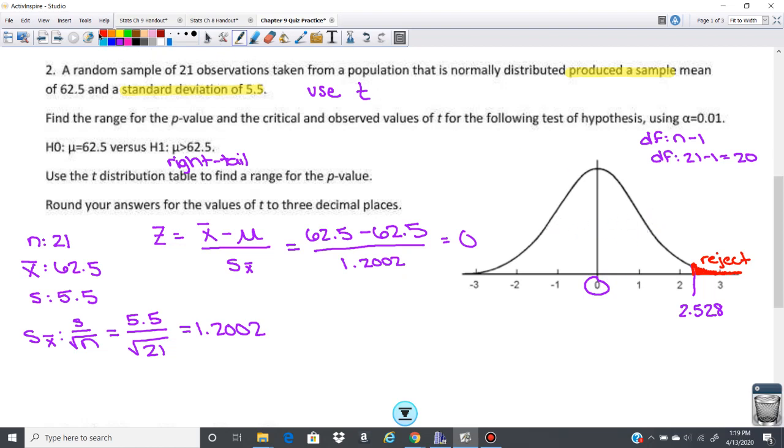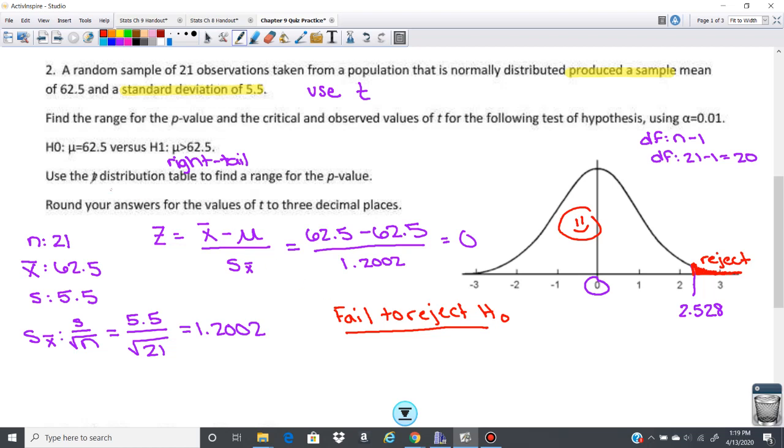So when it's in the non-rejection region, that means we can accept the null hypothesis. But we don't say accept the null, we say this. We say fail to reject. So we're going to fail to reject our null hypothesis. Okay, so that's our conclusion here.